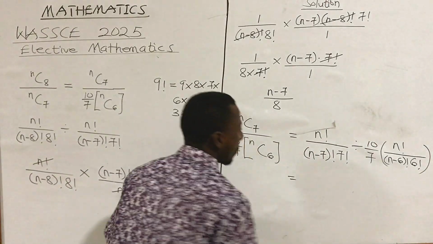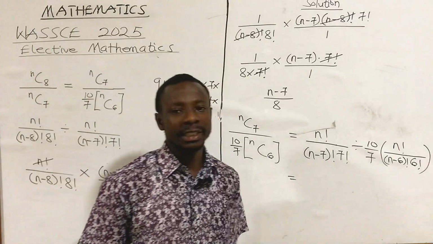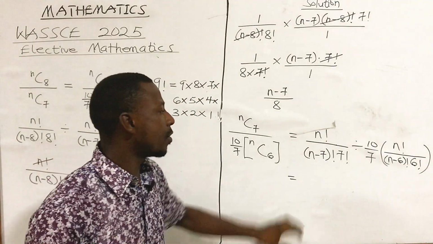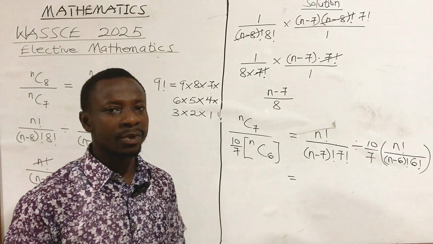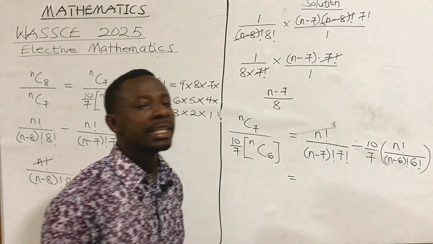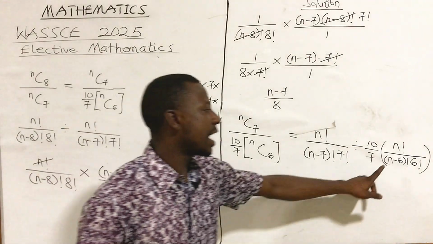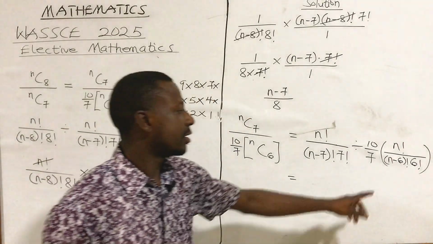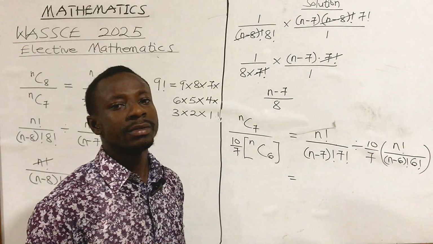So from here, this is two fractions divided. So we are going to maintain the first one, change the division to multiplication, and then reciprocate this whole fraction.